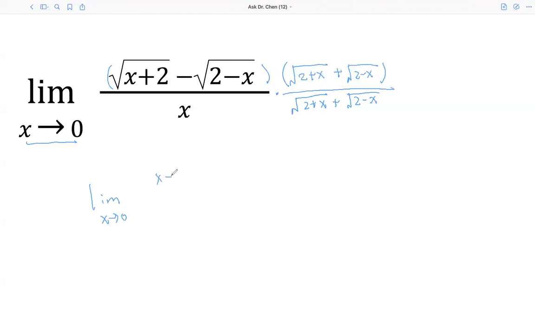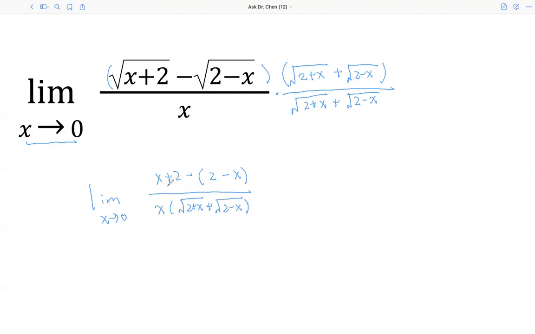So the numerator will have 2 plus x, minus (2 minus x). Whenever we subtract more than one term, we put a parenthesis around, right? Then divided by x times square root of 2 plus x plus square root of 2 minus x.